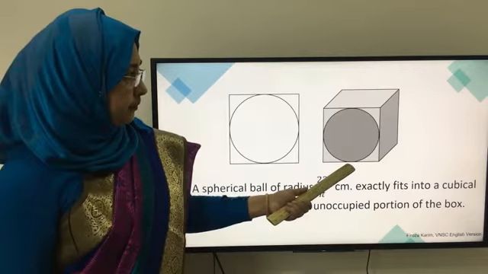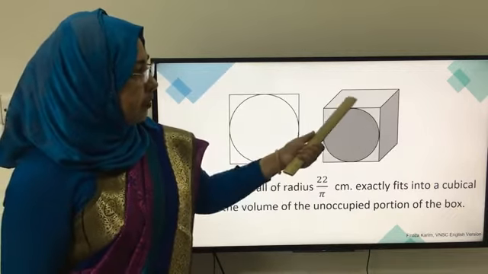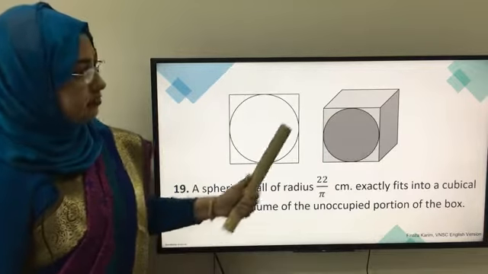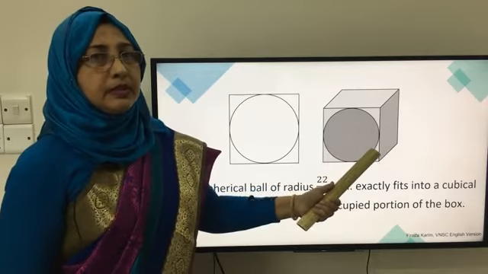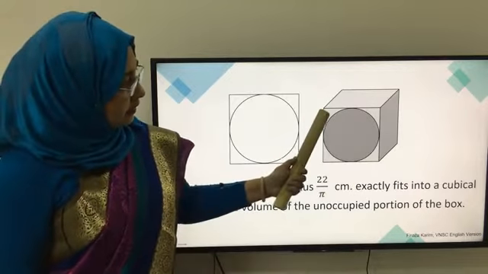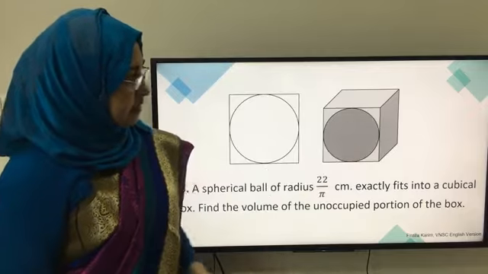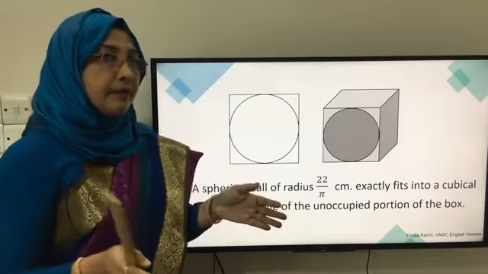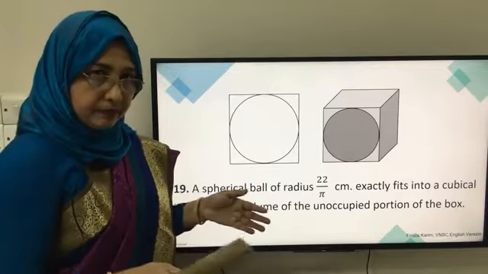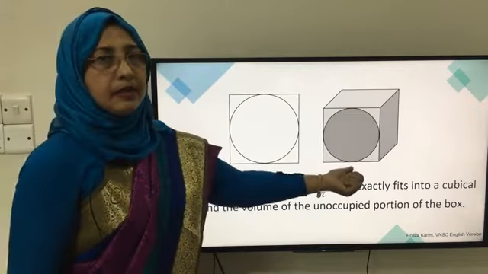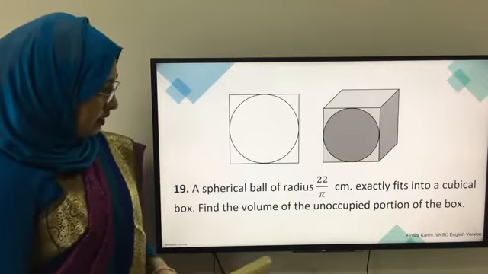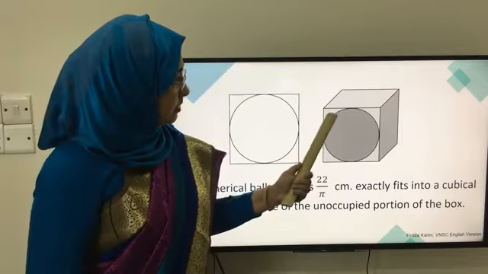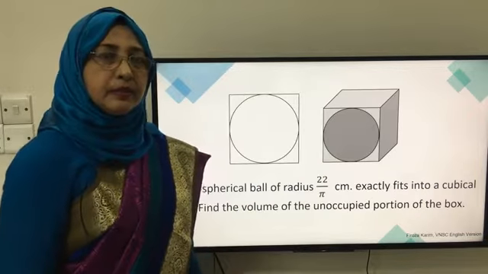Look here, the ball is touching all the planes, so it exactly fits. But there is some unoccupied space here. That means the cubical box is larger in volume than the spherical ball, and you have to find this unoccupied portion of the cubical box.